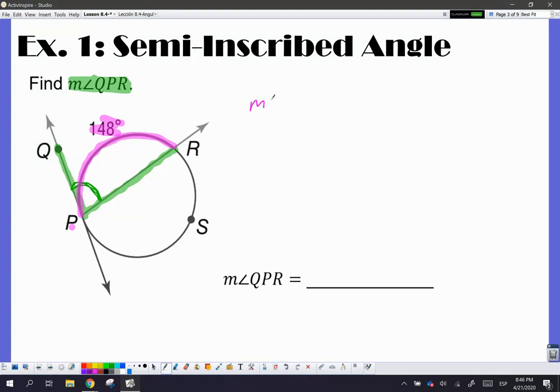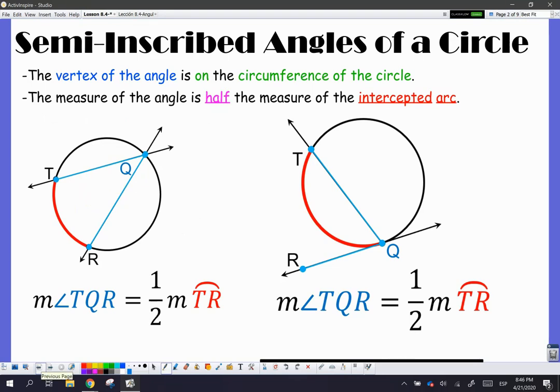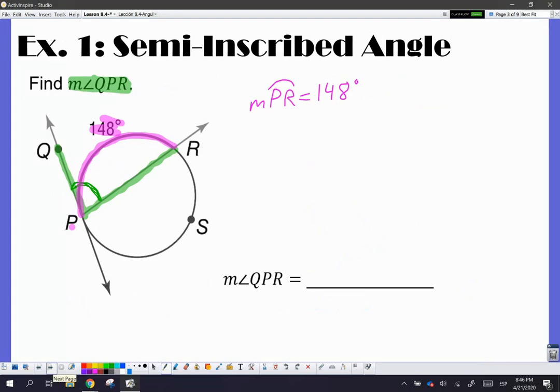So since I know that the measure of arc PR is equal to 148 degrees, based on our formula, the measure of the angle is half the measure of the arc. So to find the measure of angle QPR, that's going to be equal to 1/2 times the measure of arc PR.